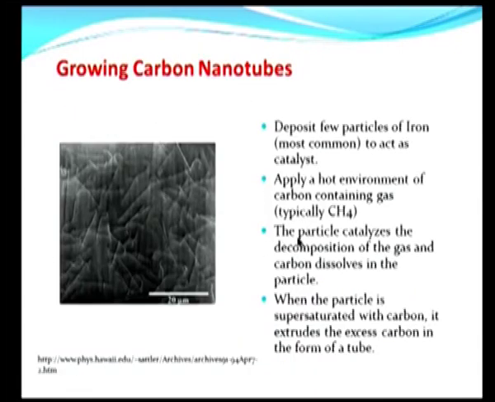Subsequently, chemical methods such as chemical vapor deposition, CVD, were developed to produce carbon nanotubes, typically using a gas like methane as the precursor gas.